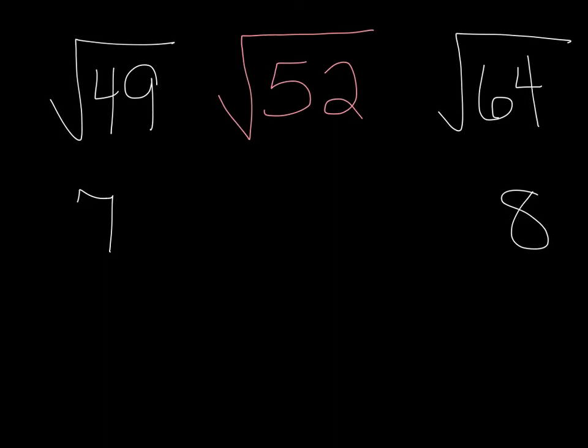The square root of 64 is 8. So square root of 52 is going to be somewhere in between these two numbers. So it's going to be 7 point something.